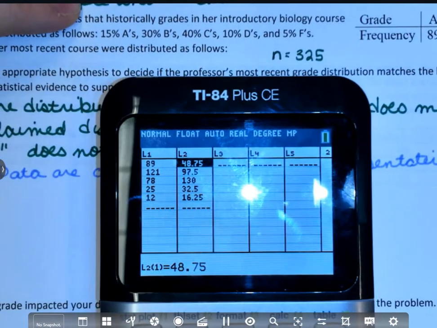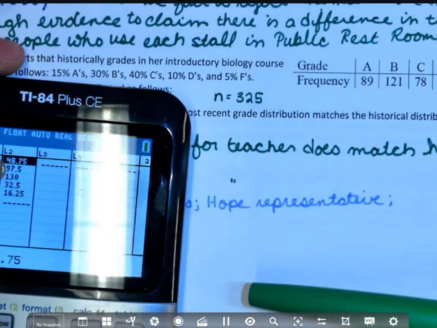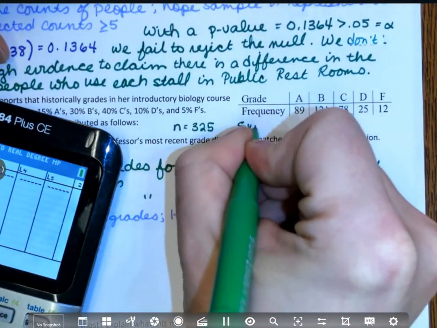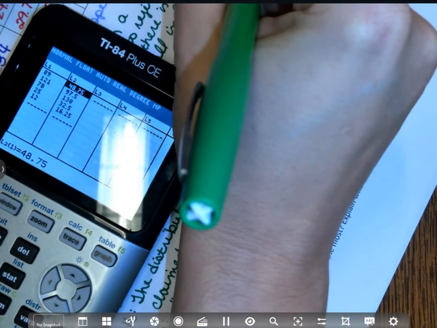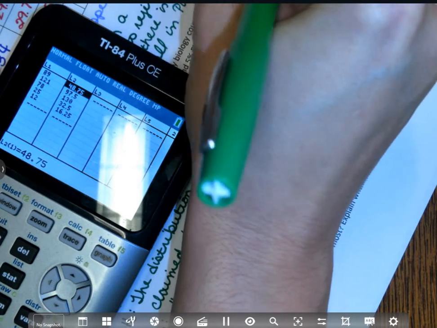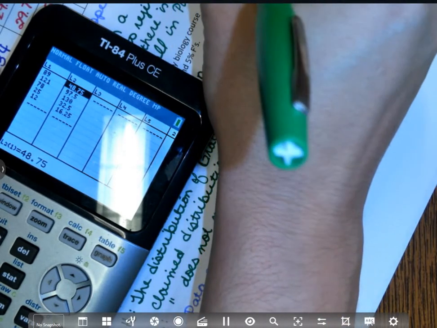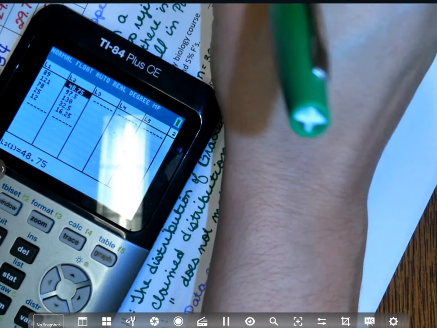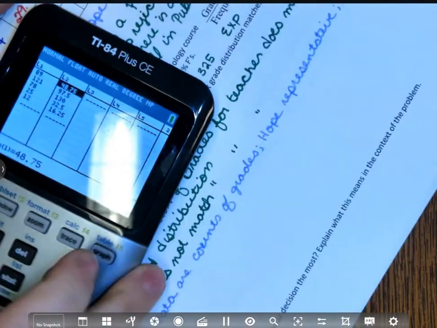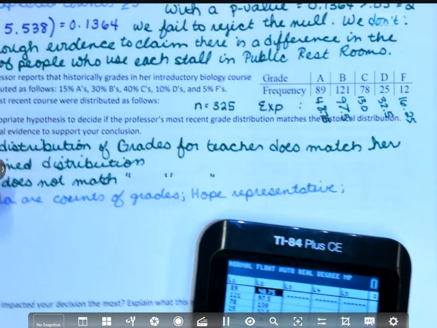When you get those numbers, as soon as you get those numbers, write them down. So I'm going to write expected. My expected cell counts here are 48.75, 97.5, 130, 32.5, and 16.25. So I literally wrote down my expected counts.